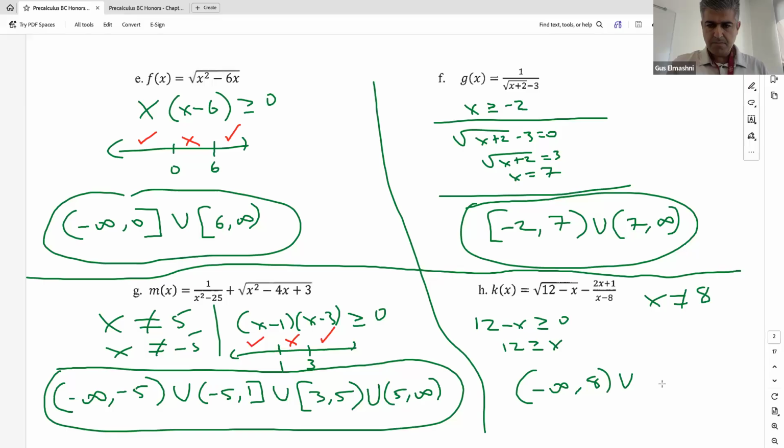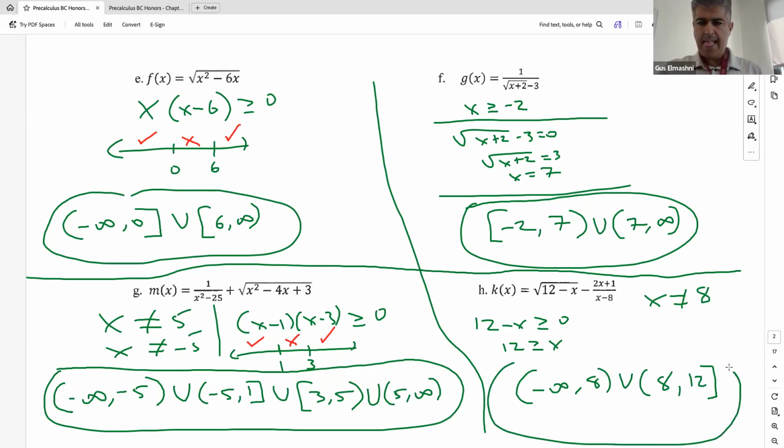Okay, x starts from negative infinity to negative 5, yeah. Then you use parentheses. Then it goes to negative 1 minus.